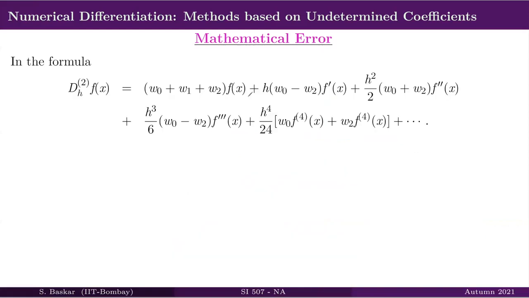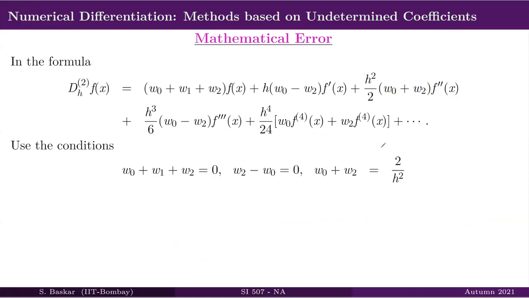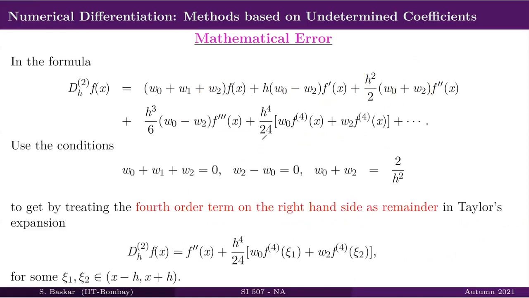So in this formula, we have seen that this is 0, this is 0, and this term becomes 1. This is again 0, and this is not equal to 0. Therefore, you write this fourth order term in your Taylor expansion as remainder, and then carry that as a remainder.